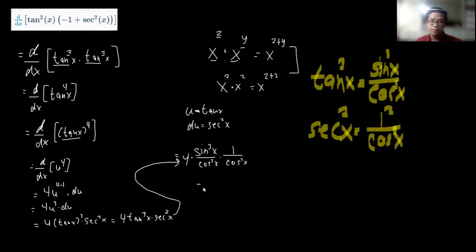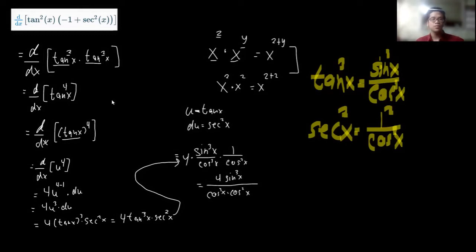So by multiplying them, you'll have 4 times sine cube of x, all over cosine cube of x times cosine squared of x.